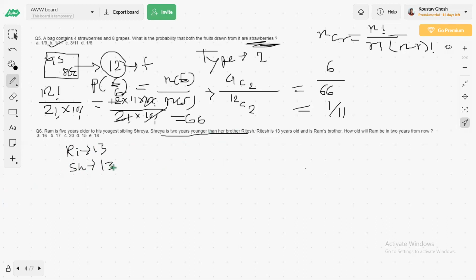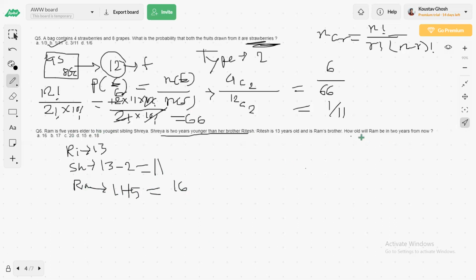So 13 minus 2, that is 11. And Ram is 5 years elder to his youngest sibling Shreya. So Ram is 11 plus 5, as 5 years elder. When elder, then plus. If younger, then minus. Okay, 16. So the age of Ram is now 16.